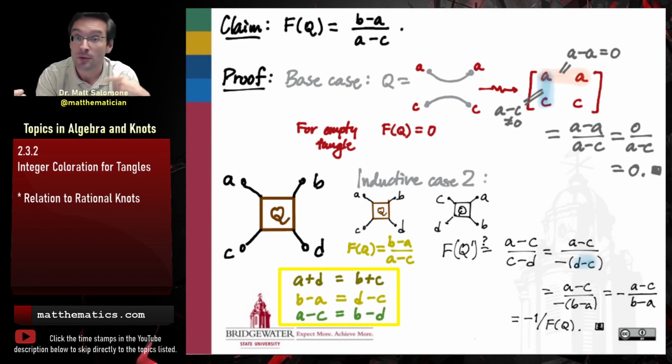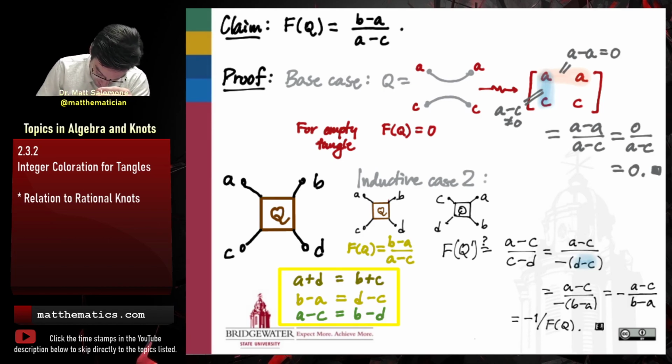Twisting adds 1, rotating does opposite reciprocal. That we have actually a faithful representation here of how the tangle number works. So what we've proven here is that this claim is, in fact, better than a claim. We can call it a theorem.